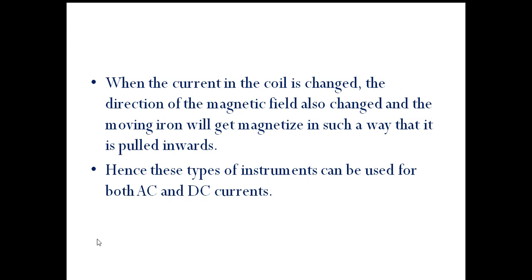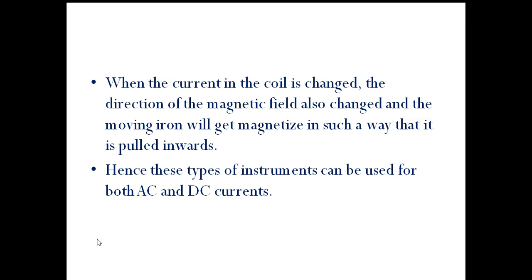Whatever the direction of current, always the iron piece will be moving towards the magnetic field. So even if you are sending positive currents or negative currents, for both the currents the soft iron piece is moving towards the magnetic field, and the pointer is moving.